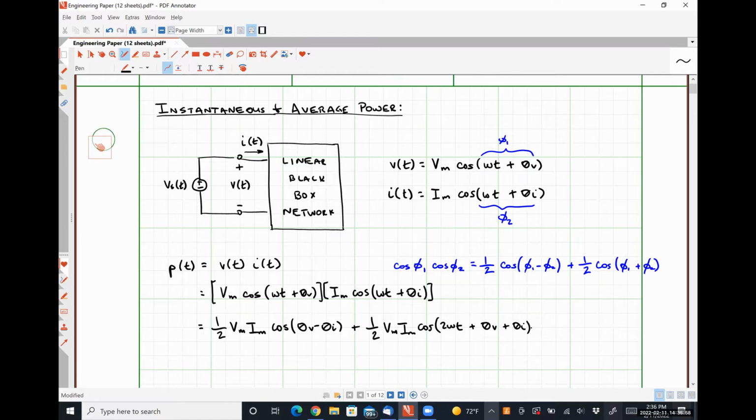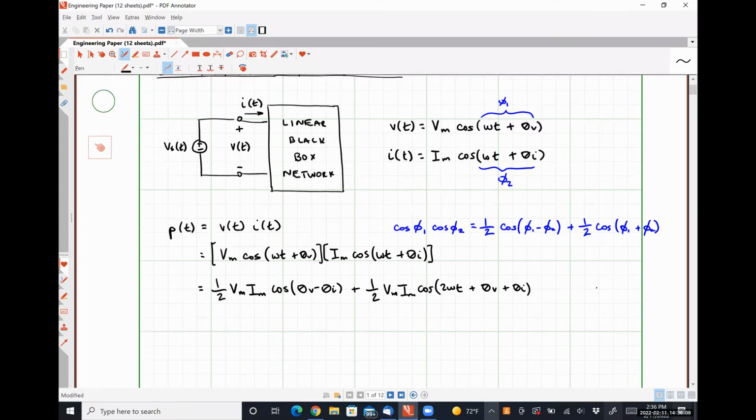Now, we can break this instantaneous power down into two parts. So let's look at this part over here on the right-hand side real quick.